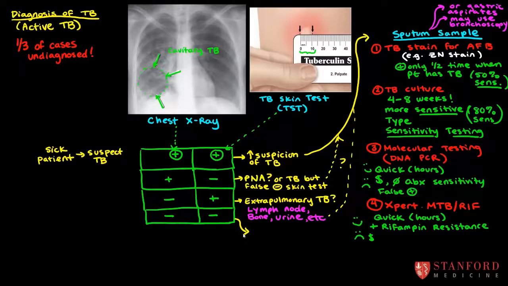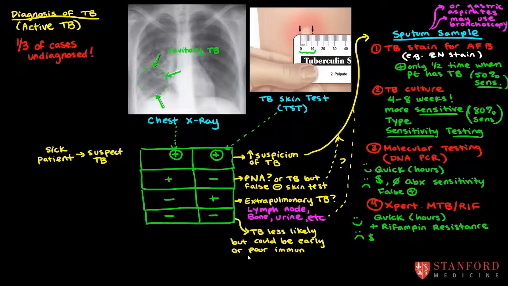And the negative skin test may be a false negative skin test. They may in fact have TB, but either because the infection is overwhelming them, including their immune system, or because it's very early on in the infection and they haven't converted, they may not have a positive test. So you can't rule out TB on the basis of both of those being negative.